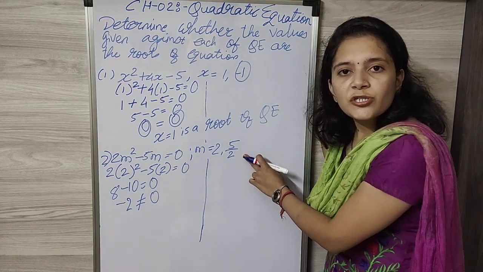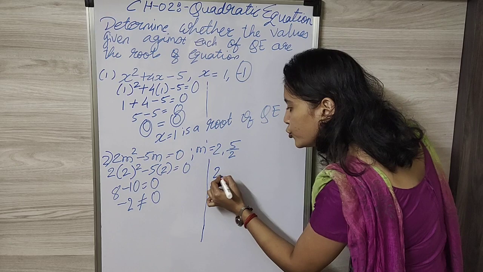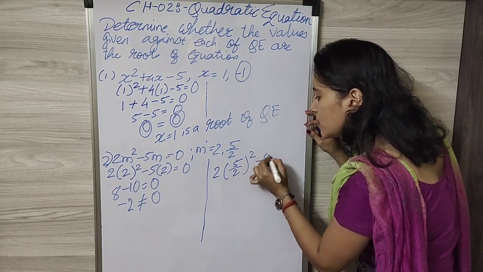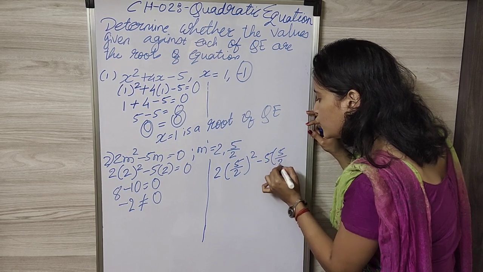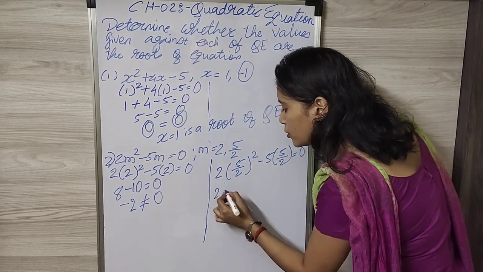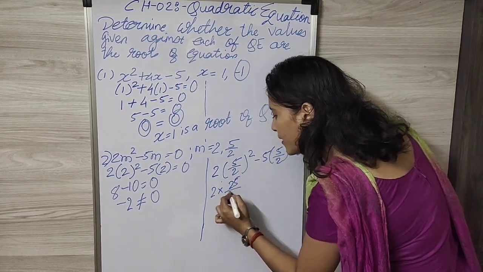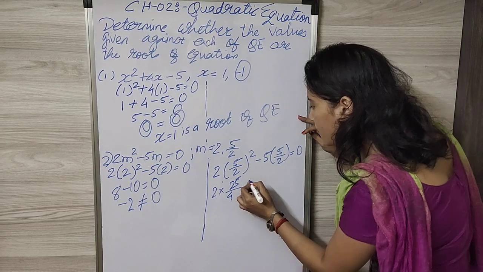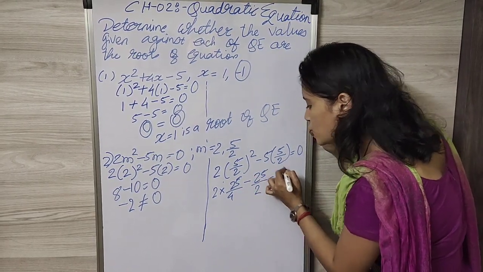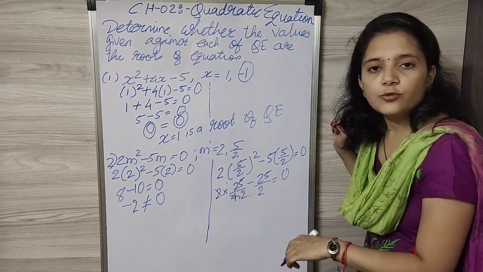So I am going to check the next one, that is 5 by 2. 2 into 5 by 2 the whole square minus 5 by 2 is equals to 0. Now 2 into 5 square, that is 25. 2 square, that is 4, minus 5 5s are 25 by 2 is equals to 0. Cancellation, 2 1s are 2, 2 2s are 4.